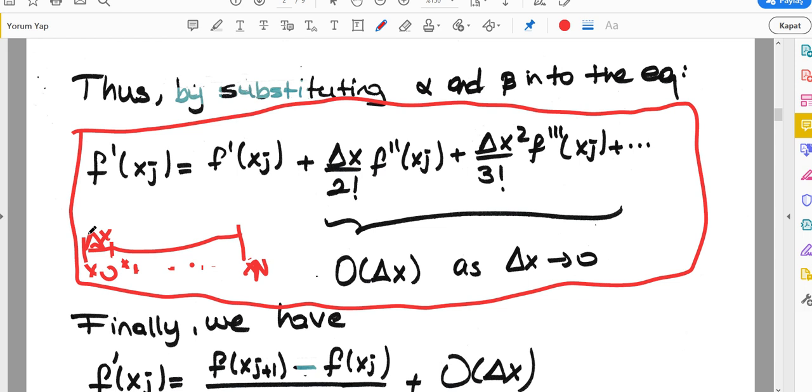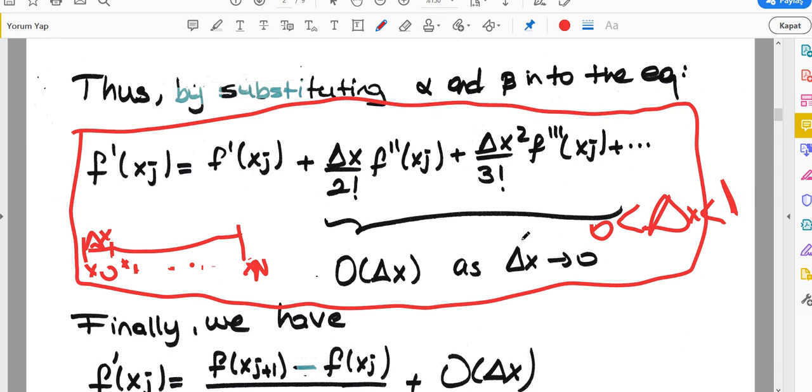Okay, what can I say about this delta x? Because the whole domain is divided into n subdivisions, we know that this delta x is less than 1 all the time. It is greater than 0, less than 1.